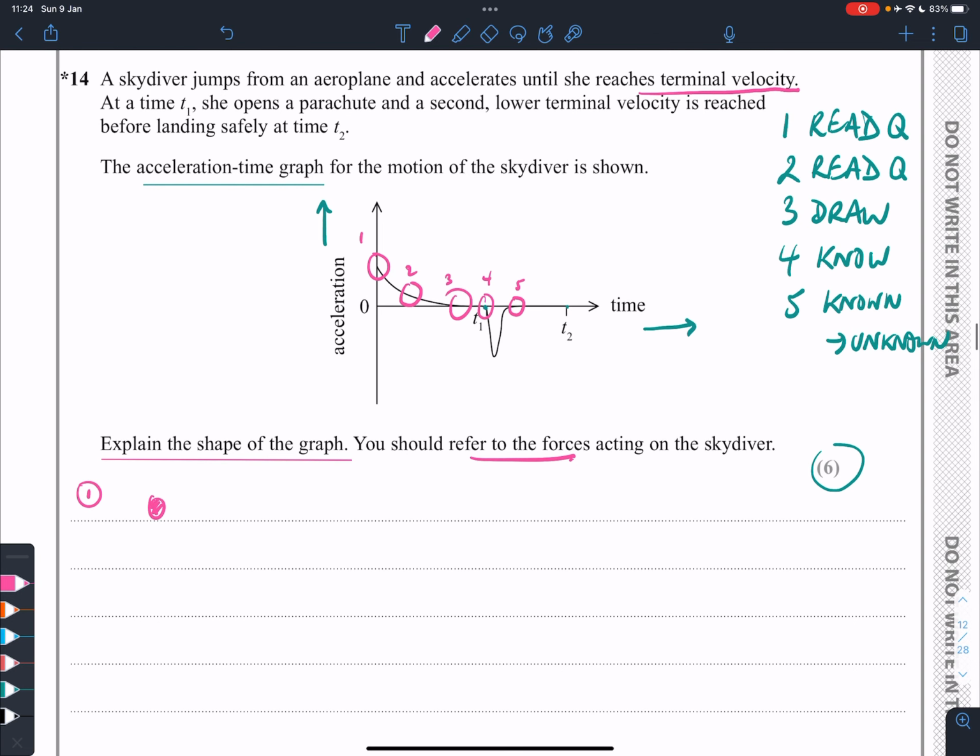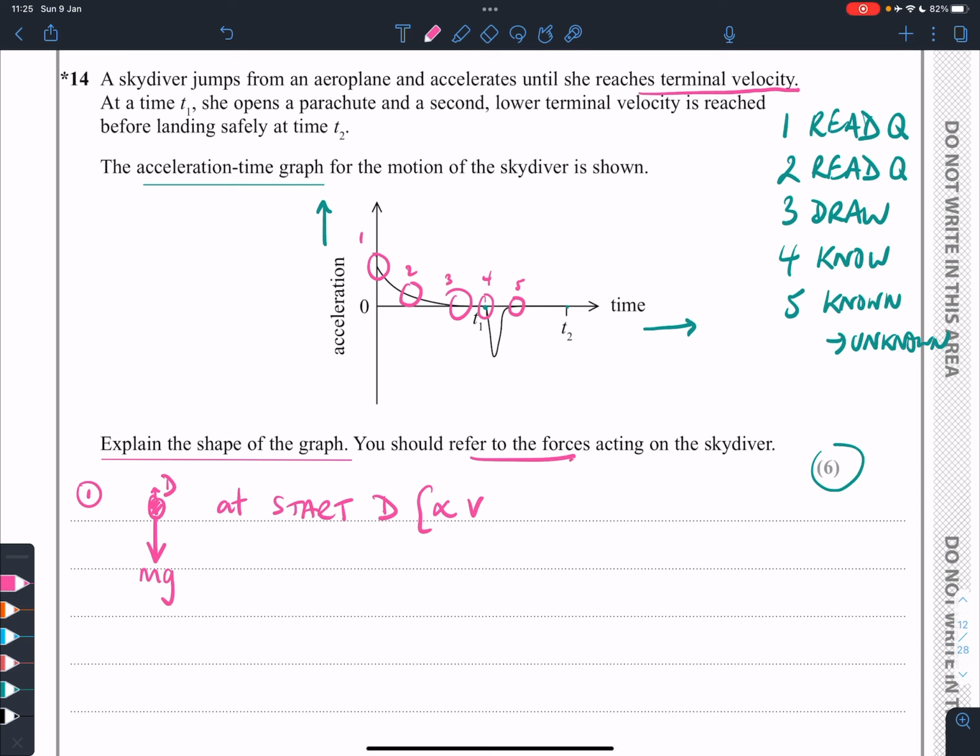What happens at the very beginning is that there's only ever 2 forces involved in this. There's the downward force, which is always the same, weight, and the upward force, which is the drag. At the very beginning, the drag is almost 0. At start, drag is proportional to velocity.